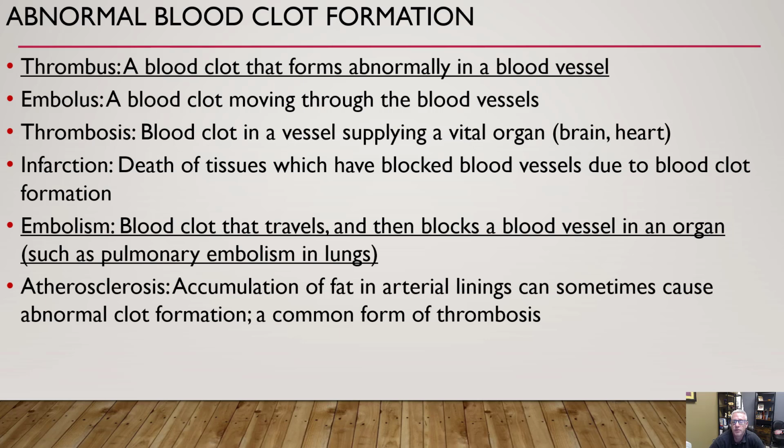If you've heard of DVT, deep vein thrombosis, that is a thrombus, or a blood clot, that forms abnormally in a blood vessel. An embolus is a blood clot that has broken off and is starting to move.